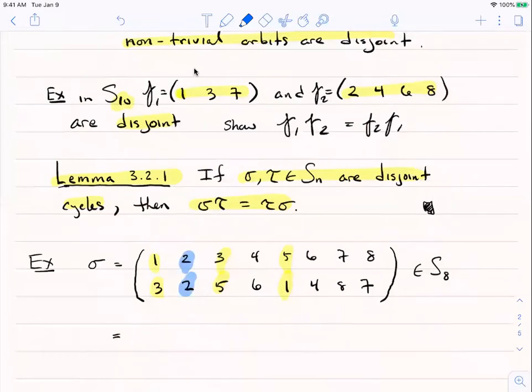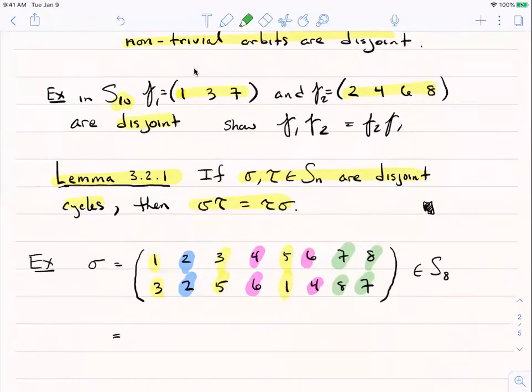There was the element that had just a singleton. There were these 2 element orbits, and there were 2 of them. All right, so the orbits are the colors, yeah? The orbits are 1, 3, 5, an orbit with 2, an orbit with 4 and 6, and an orbit with 7 and 8.